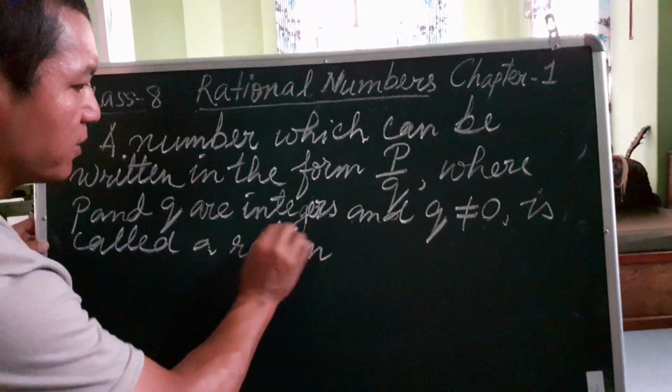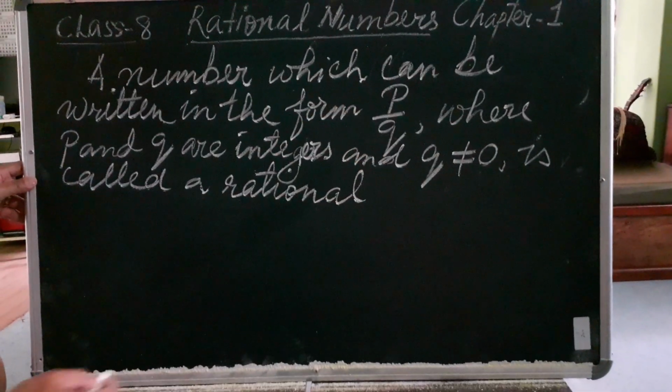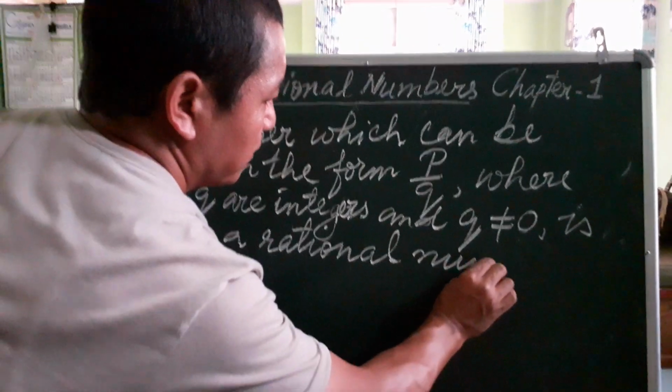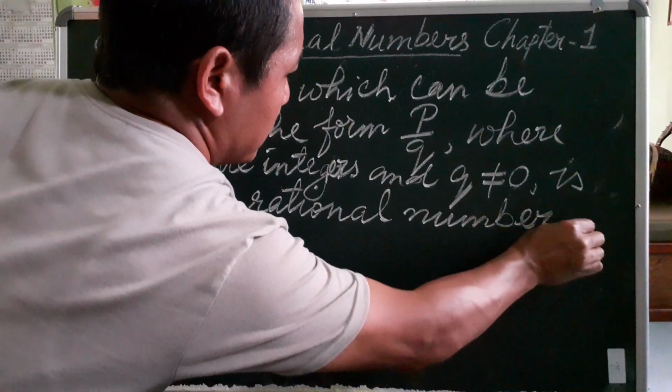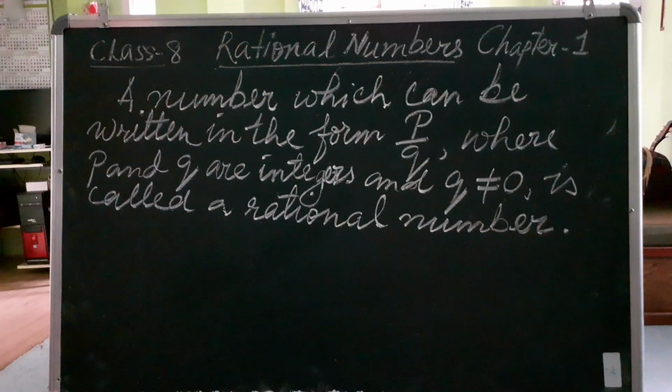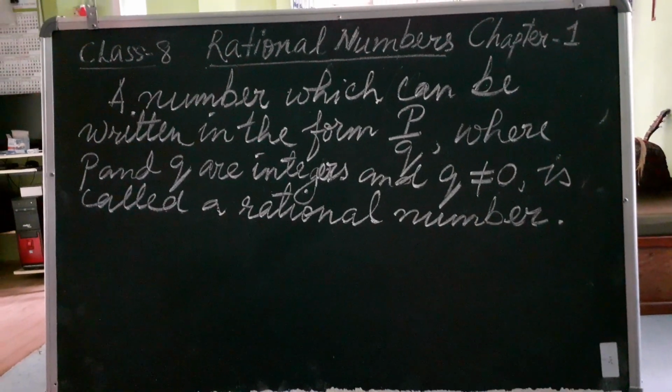A number which can be written in the form P by Q, where P and Q are integers and Q is not equal to 0, is called a rational number.